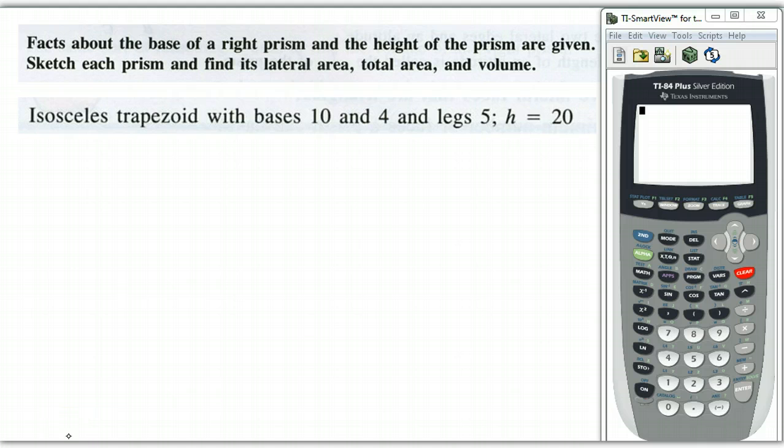Okay, let's do one more. So this says that the facts about the base of a right prism and the height of the prism are given. Sketch each prism, find its lateral area, total area, and volume. Here we go. So our base is going to be an isosceles trapezoid with bases 10 and 4 and legs of 5.